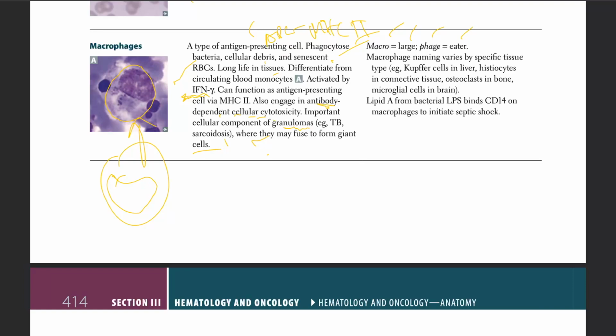Macrophage names vary by specific tissues. Examples: Kupffer cells in the liver, histiocytes in the connective tissues, osteoclasts in the bone, microglial cells in the brain. So what are the names? The Kupffer cells, the histiocytes, microglial cells, and the osteoclasts. And then lipid A from bacterial LPS binds CD14 on macrophages to initiate septic shock.